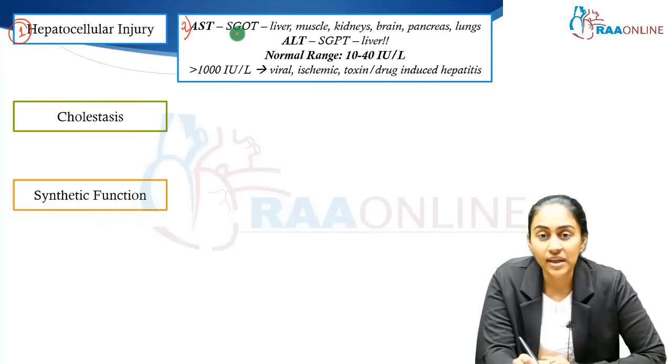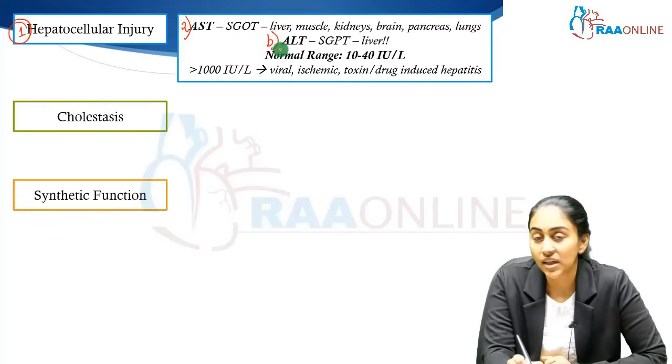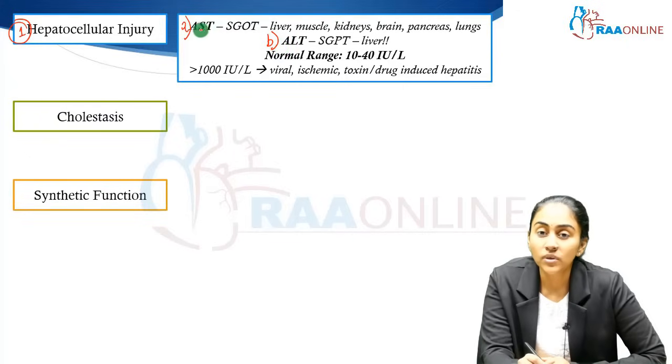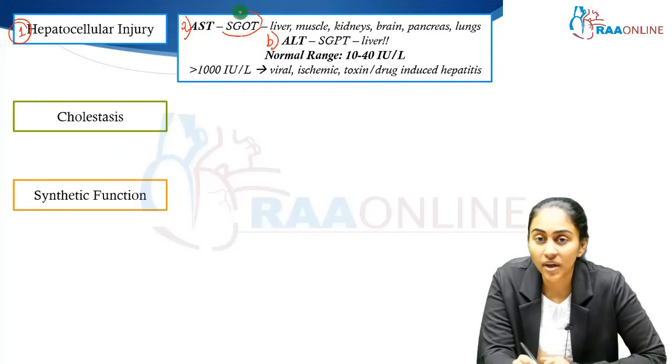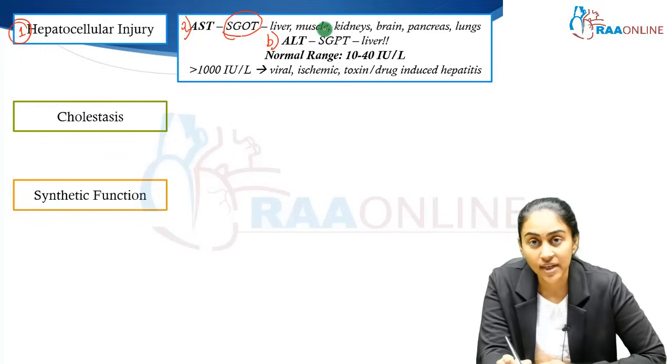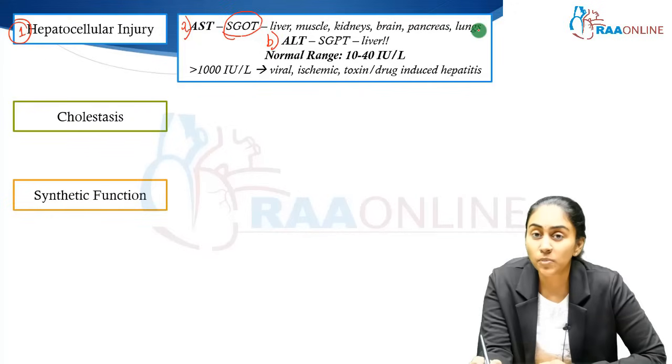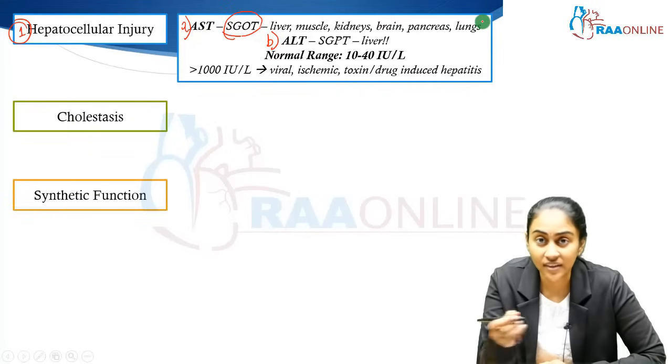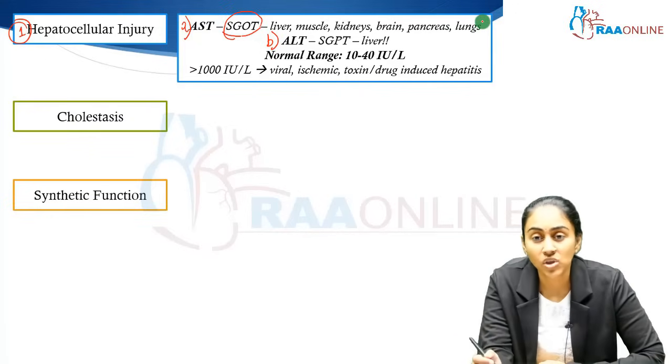So two important markers of hepatocellular injury. One is the AST, aspartate transaminase or the SGOT, and the other is the SGPT or the alanine transaminase, the ALT. Now the AST or the SGOT is produced not only by the liver but also by the muscle, both the cardiac muscle and the skeletal muscle, by the kidneys, brain, pancreas, lungs, WBCs and RBCs, in the decreasing order in which I just mentioned.